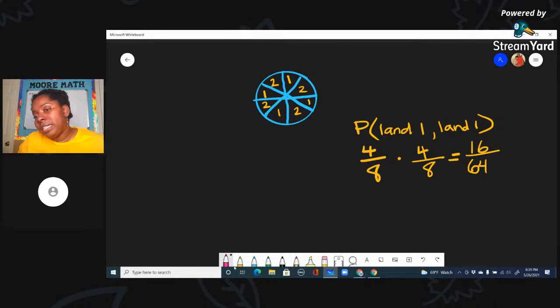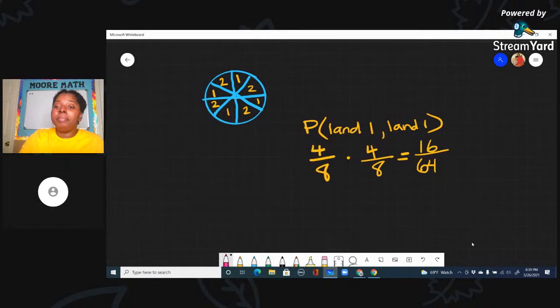Okay. Can we simplify this fraction? What can go into both 16 and 64? 4. Good. Okay. 16 divided by 4? 4. Good. It's a little bit trickier. 64 divided by 4. Do you know that one? Is it 16? Yeah, good.